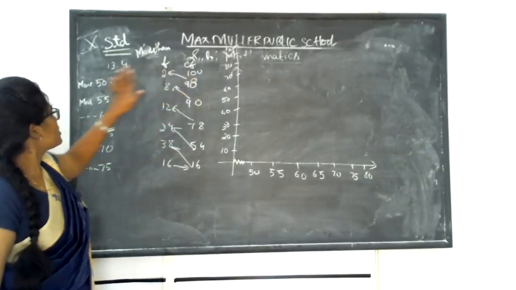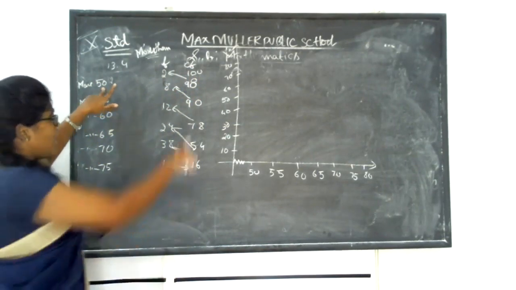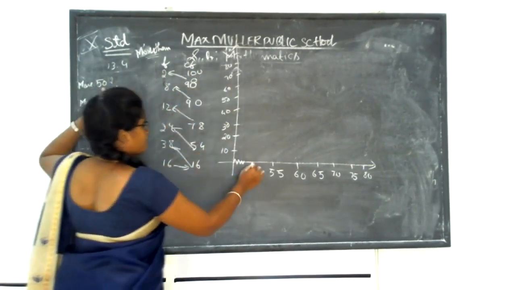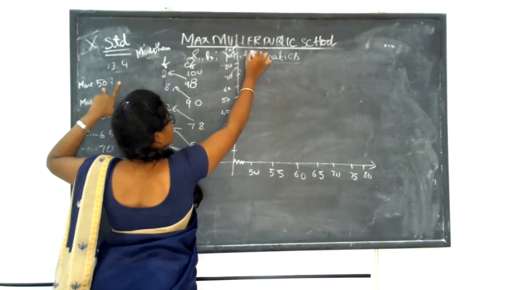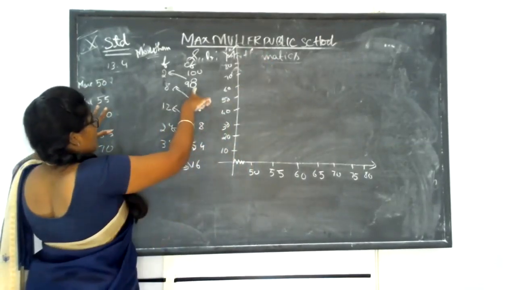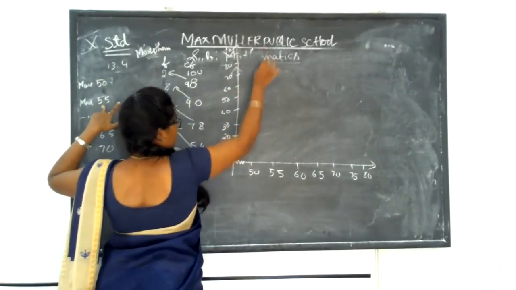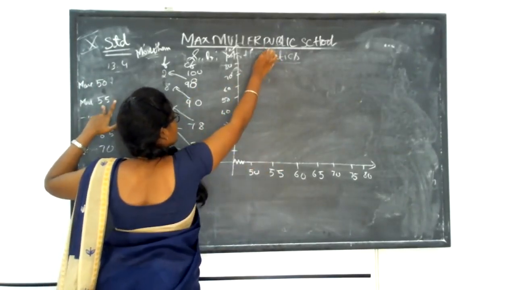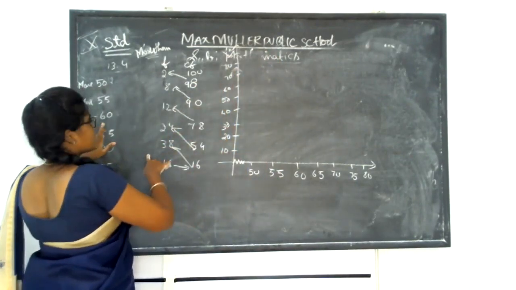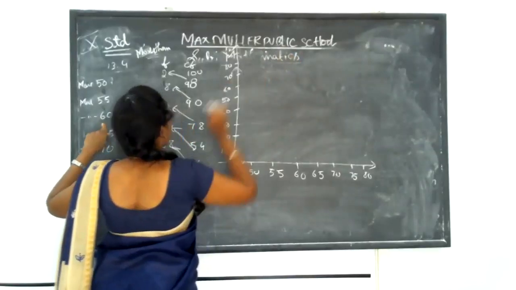For 100, what is my class interval? For 100, it is 50. Next, for 98, it is 55. Then for 90, it is 60.